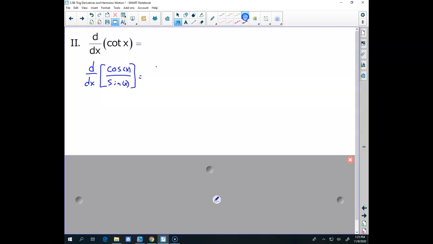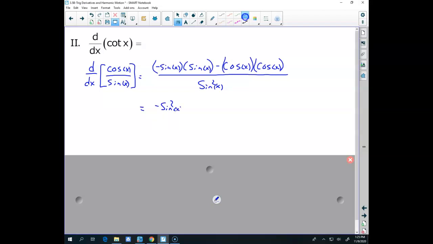The derivative of the top, cosine, is negative sine x, times the bottom, sine x, minus the derivative of sine, which is cosine x, times the top, which is cosine x, all over the bottom squared, which is sine squared x. Well, multiply this out, that gives me a negative sine squared x minus cosine squared x over sine squared x.